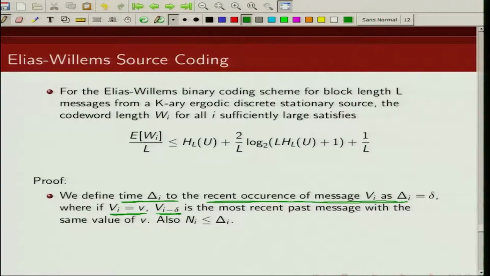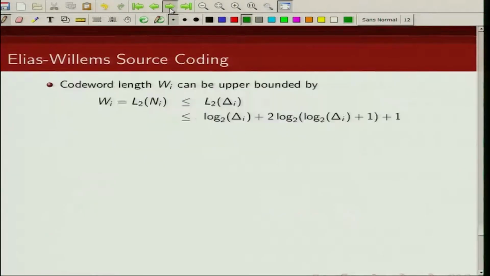So, if delta i is equal to delta, if Vi is V, then Vi minus delta is the most recent past when that particular value of V has occurred. Now, you can see clearly that delta i is going to be greater than or equal to the recency rank, right.